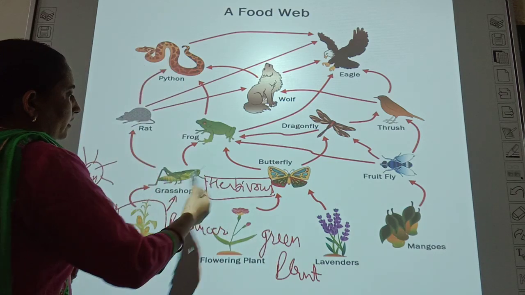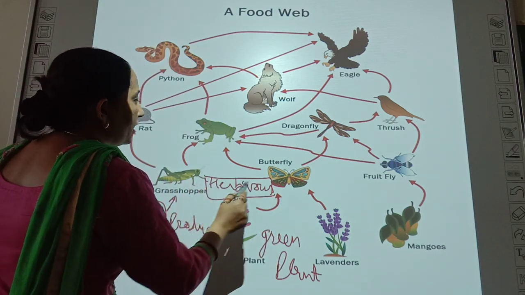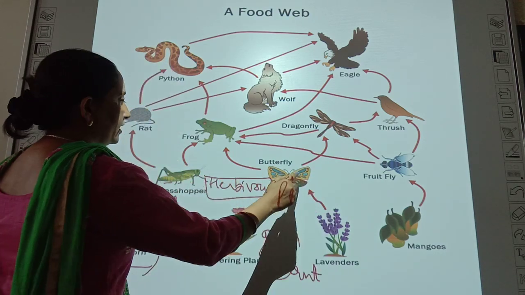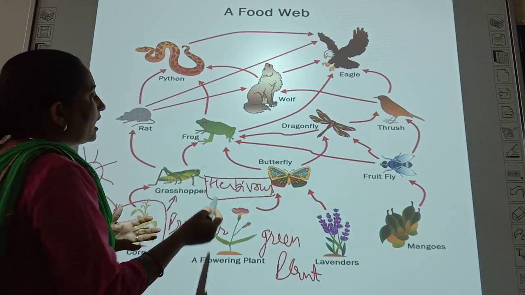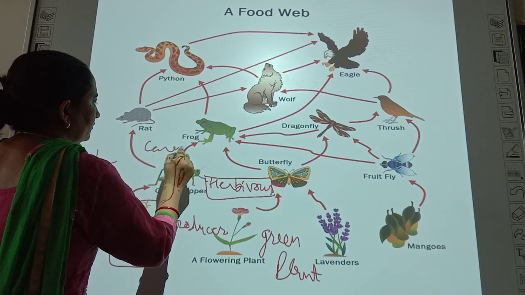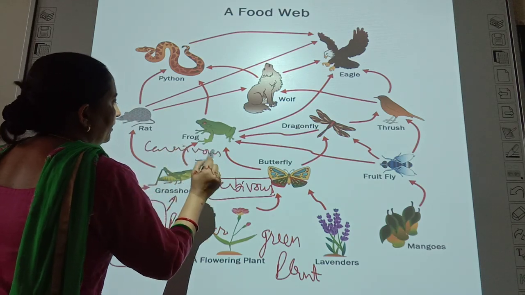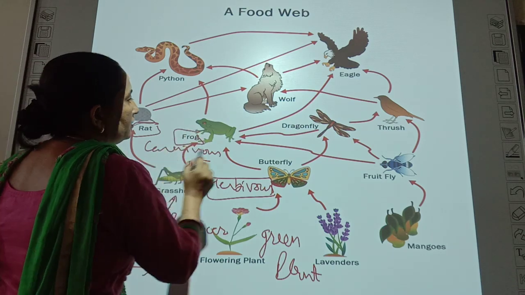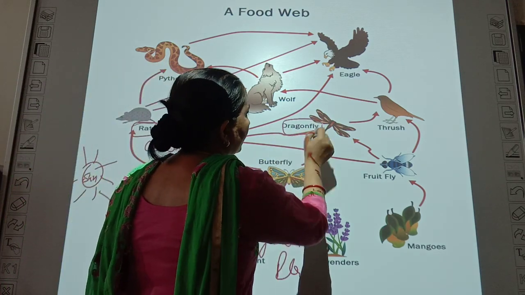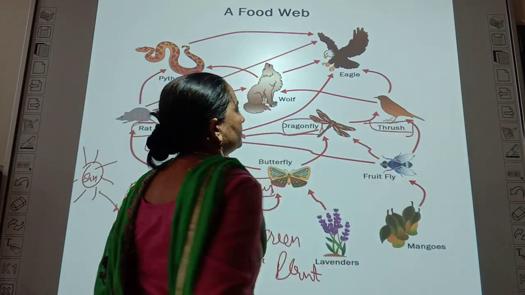So these herbivores, you can say, in turn are eaten by many carnivores. Here rat may be, frog may be, dragonfly may be, thrush.